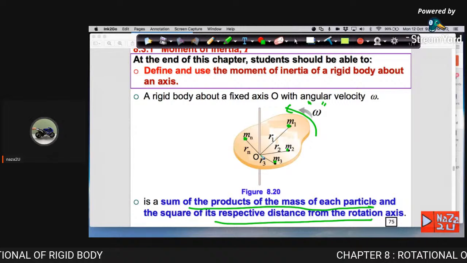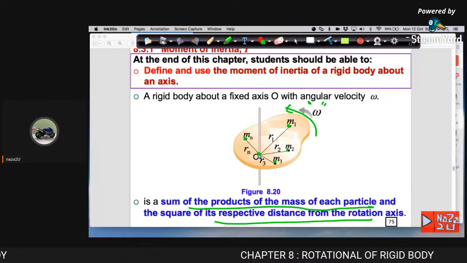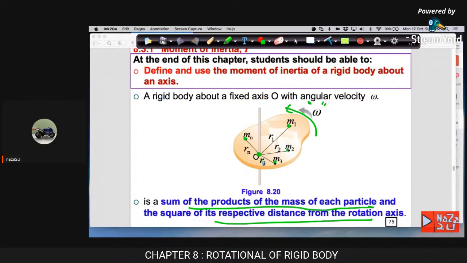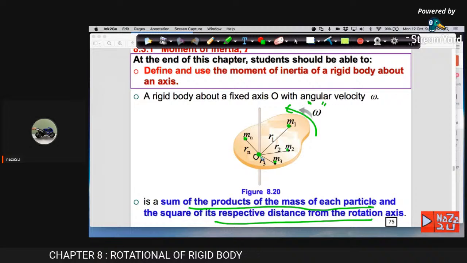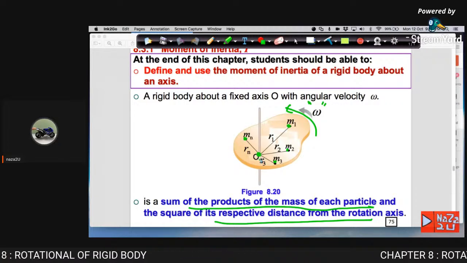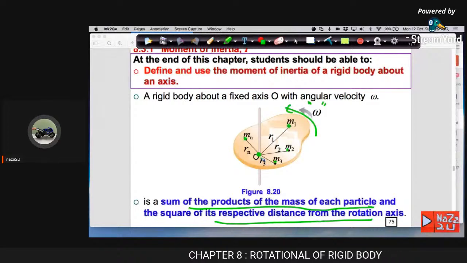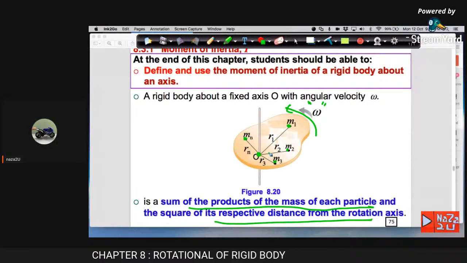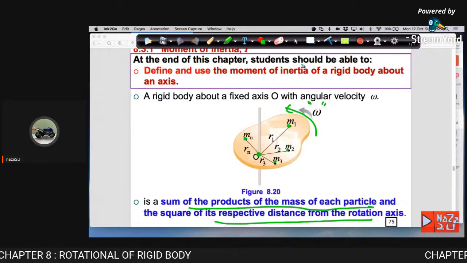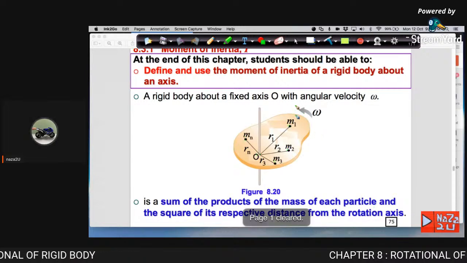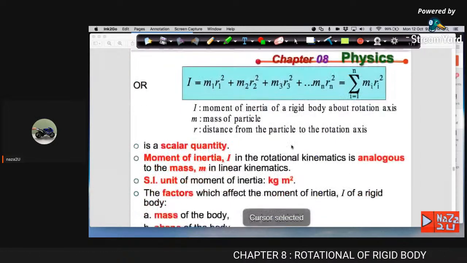Dan dia ada jarak dengan fixed axis O ni. Tempat pusingan tadi, this is a pivot point, dia berpusing. So, ada radius dia. Jadi, kita boleh kaitkan ni dengan moment inertia. Okay, tengok persamaan.